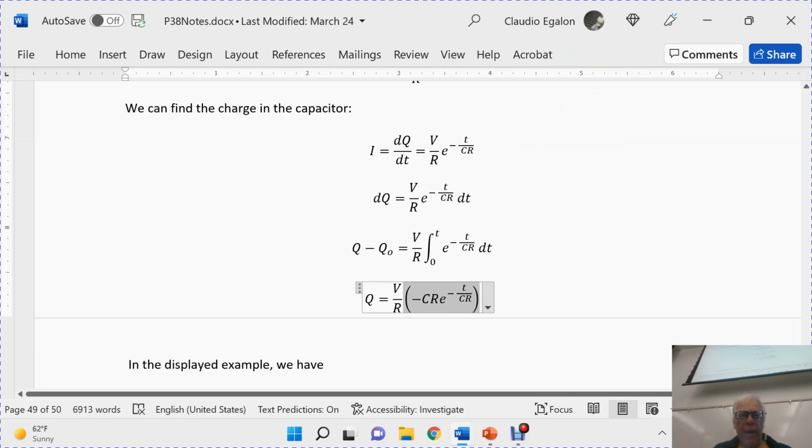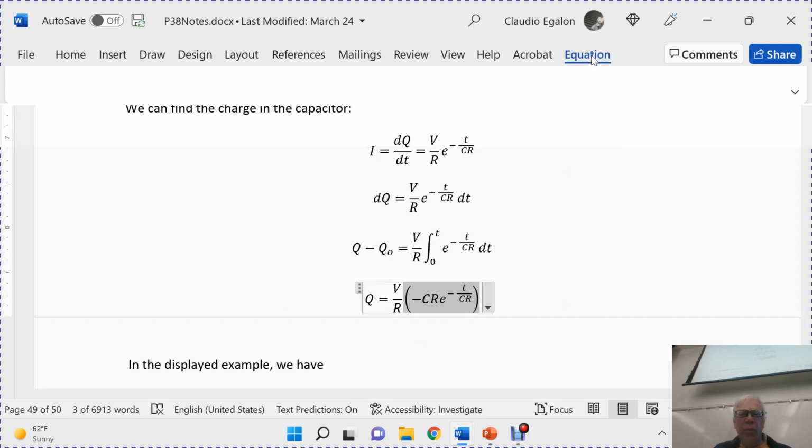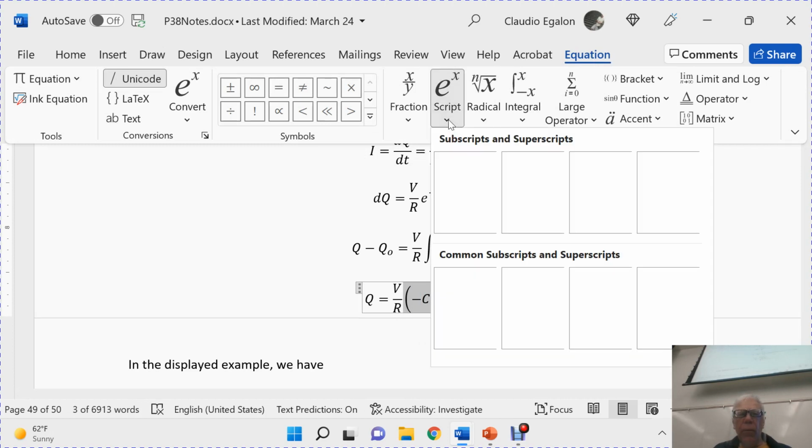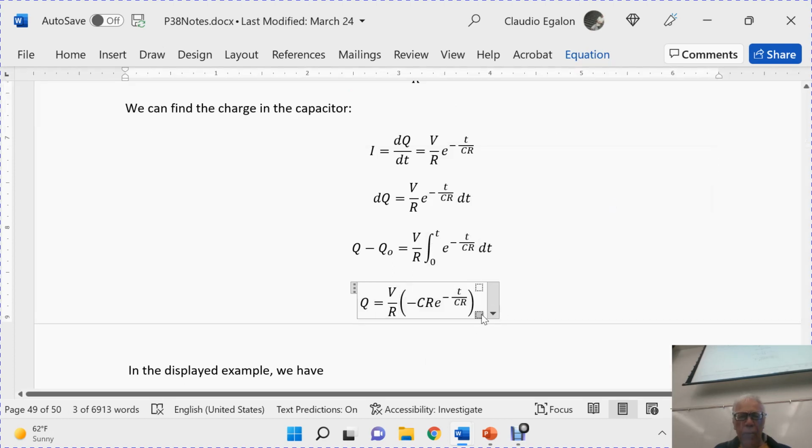And don't forget, we have to apply the limits, from 0 to t.